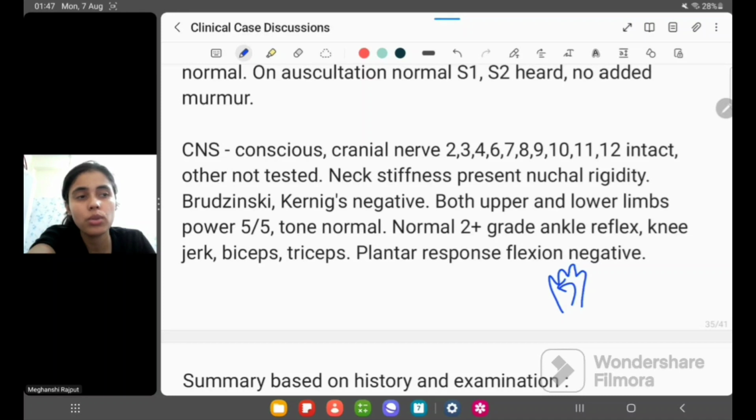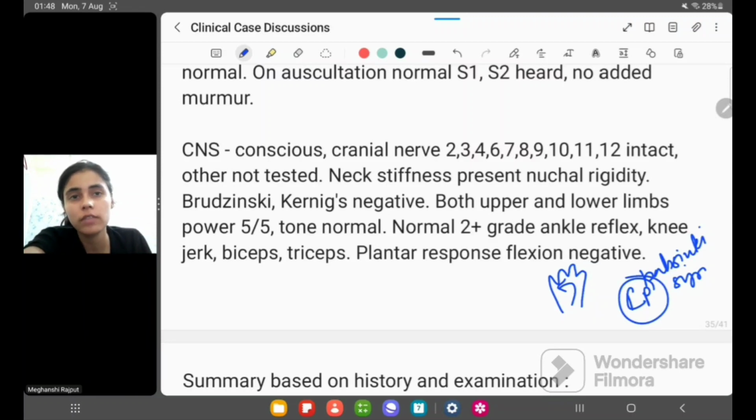Normally, if we pass it, the toes will flex. But in cases of cerebral palsy, it withdraws back. If it withdraws back, then we say Babinski sign is positive. It is seen in cases of cerebral palsy. Here, the plantar response is negative. The plantar response is positive, which is Babinski sign.